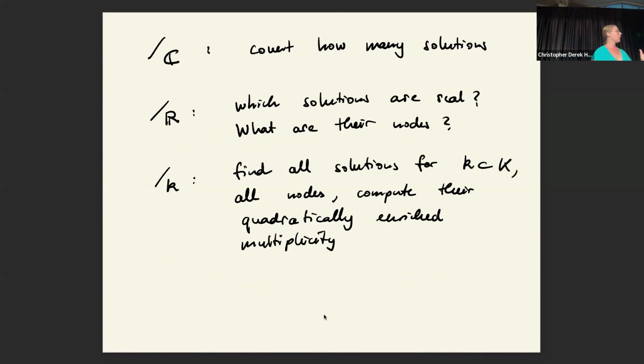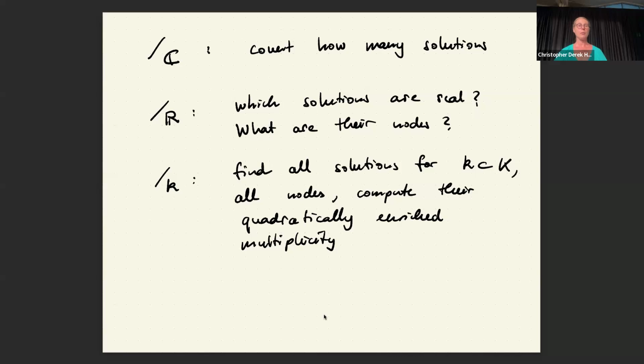And then if we prove the correspondence theorem over C, the question we have to answer is, how many solutions do we have? That's it. I'm not saying it's easy, but that's it. If we prove the statement over R, then it's not only how many solutions, it's which of those solutions are real and what is their Belgian sign. So I must know their nodes, which of their nodes are solitary and which not.